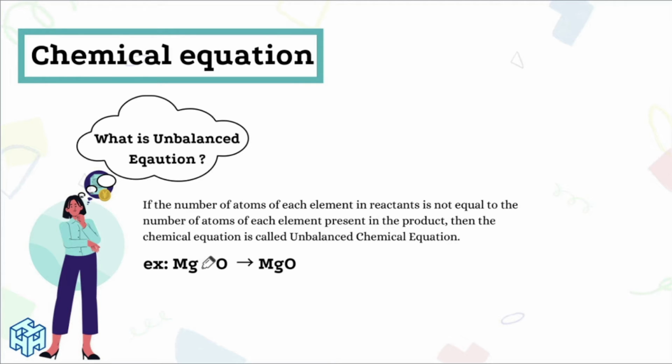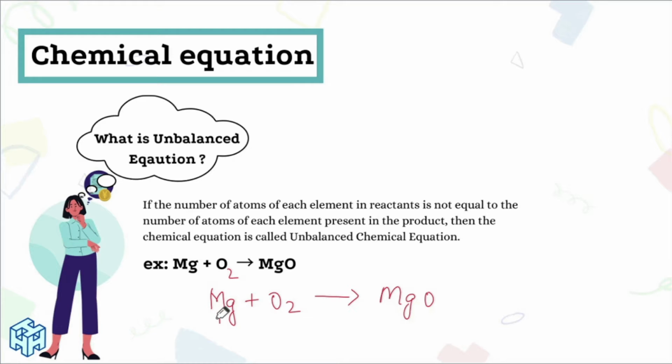Sir, this is very complex, I am not able to get it. Let me explain in a simpler manner. Mg plus O2 gives MgO. Sir, what is happening here? Let me clearly say.